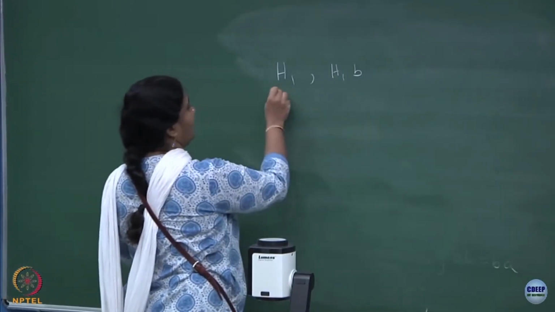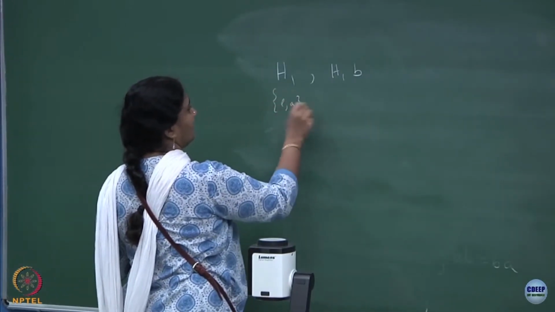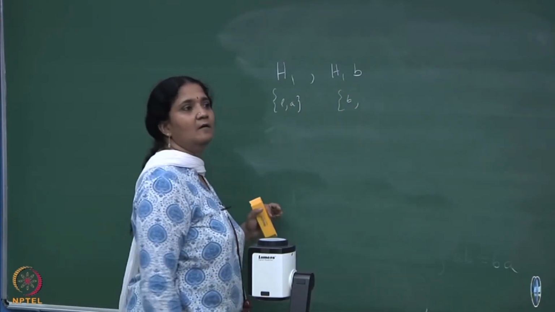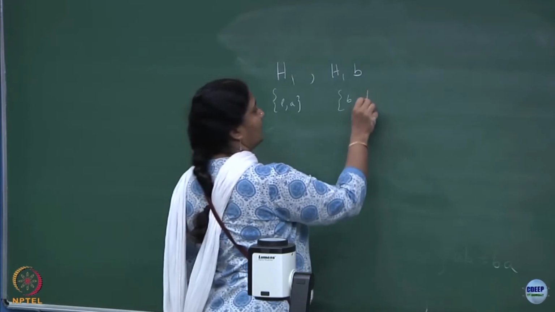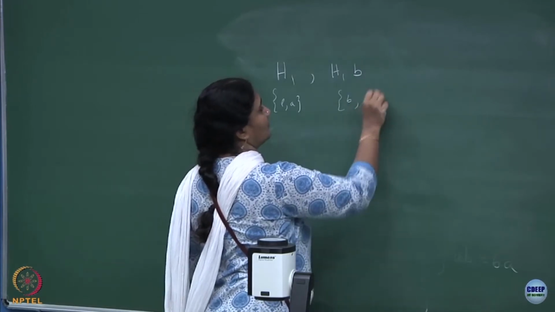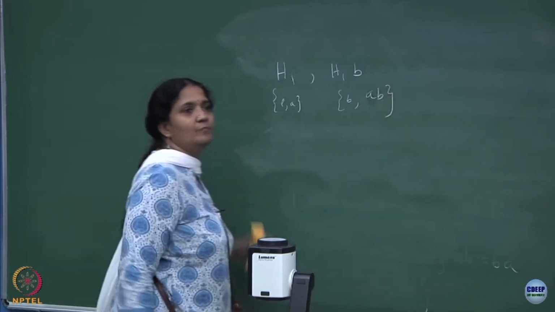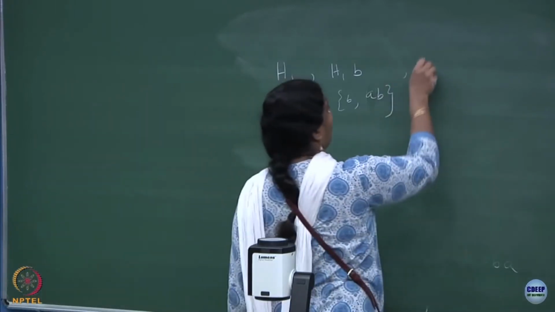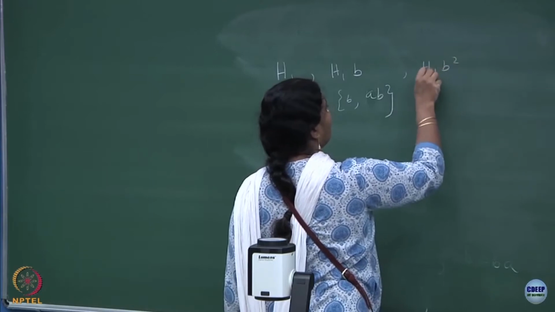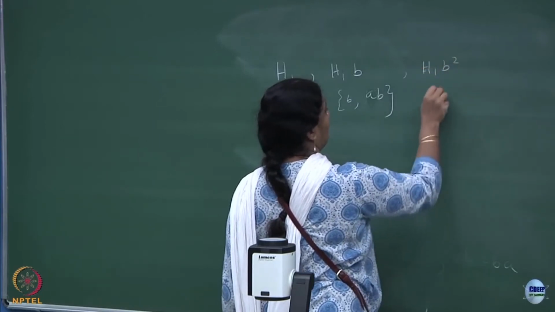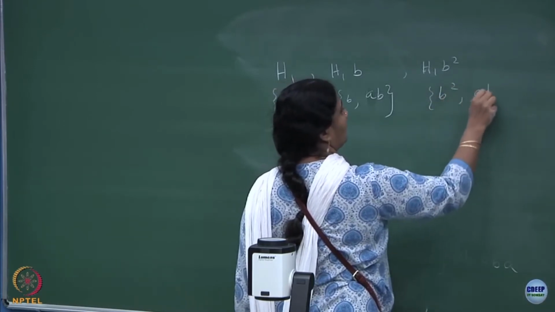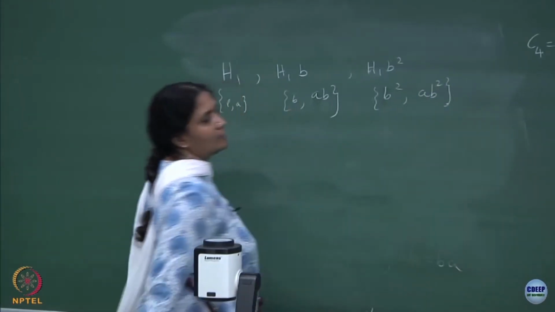So, H1A is {E, A}, H1B is {B, AB}, sorry. Okay. That will be H1B. H1B squared will be, okay.